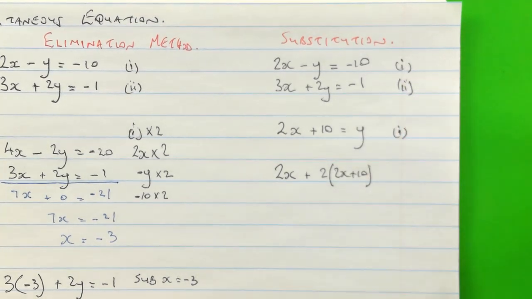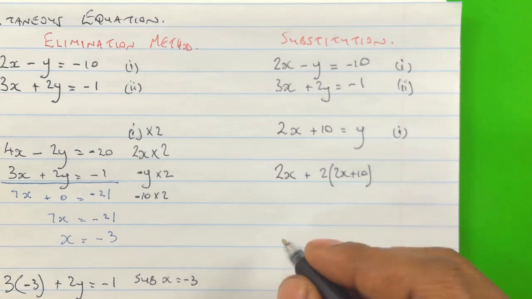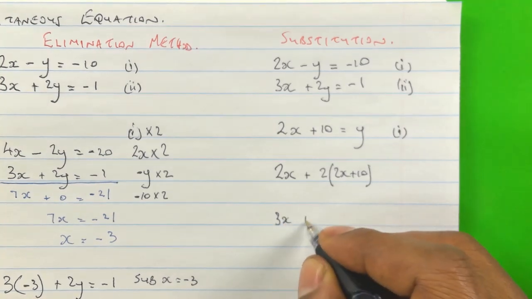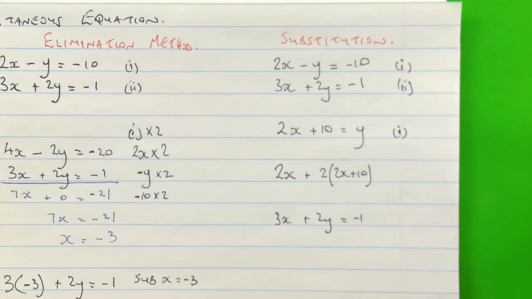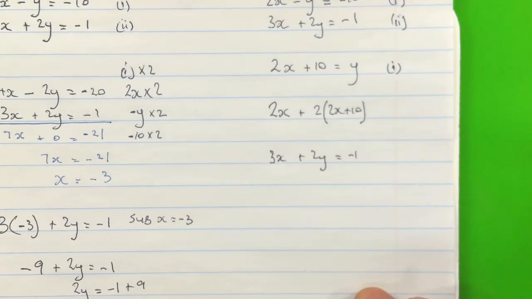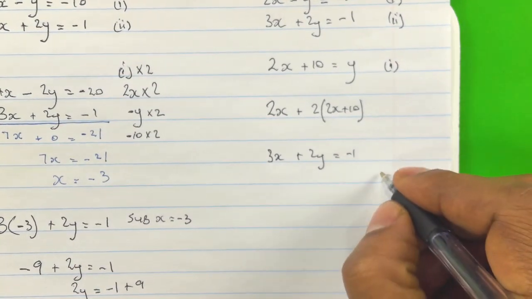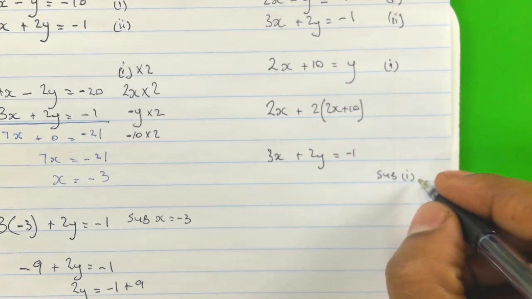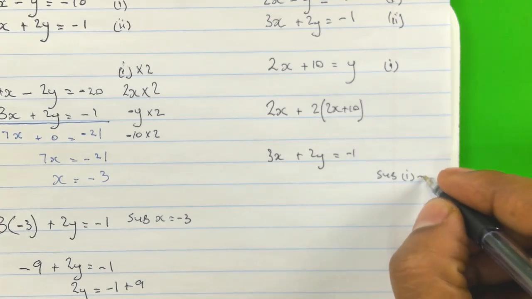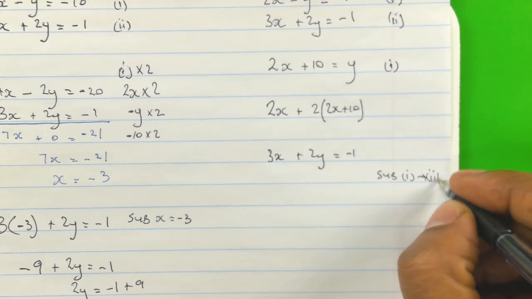All right, so pardon me there. So I am going to have 3x plus 2y is equal to -1. And what am I doing there? I sub 1 into 2.